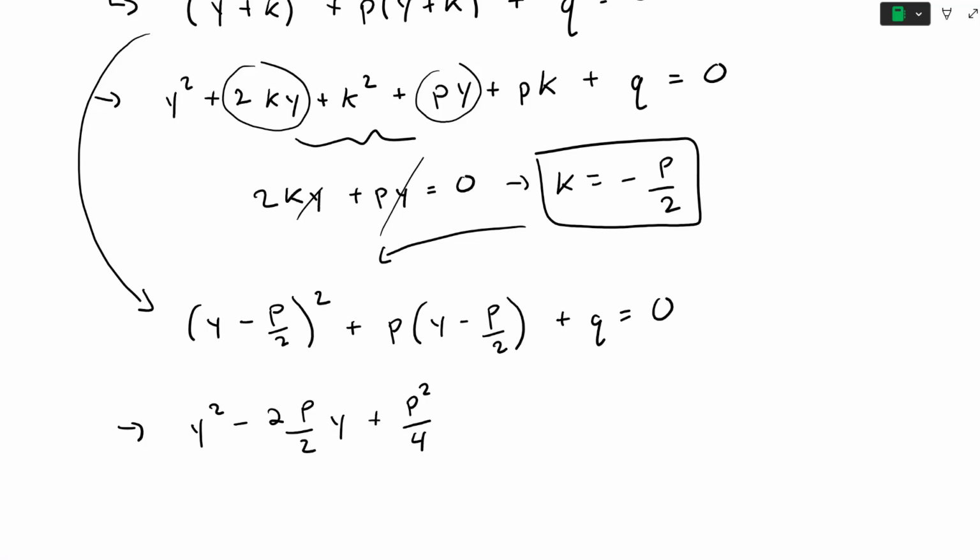Next, multiply this one: p times y, and then minus p squared over 2, and then plus q equals 0.